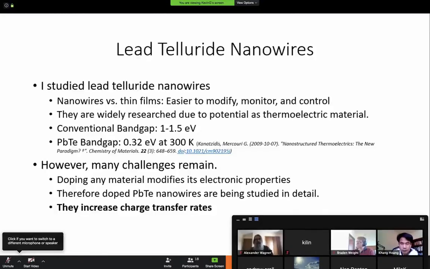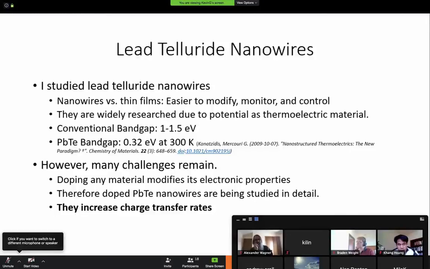So the conventional band gap range I've shown here is what a typical semiconductor will have. By contrast, the band gap of lead telluride is only 0.32, 0.33 electron volts.